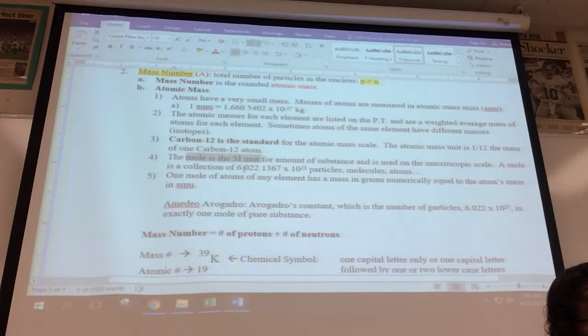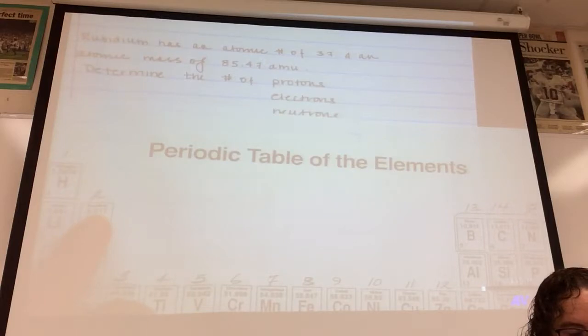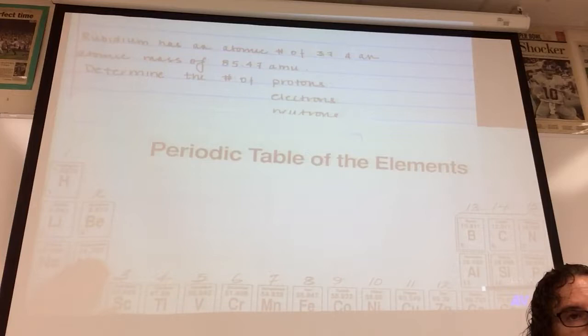You'll also understand later in the year how the atomic mass will be very important to make comparisons with other substances. If you know the mass of two substances that you have, you can compare them through the mole. And we'll talk about that later in the year as well.